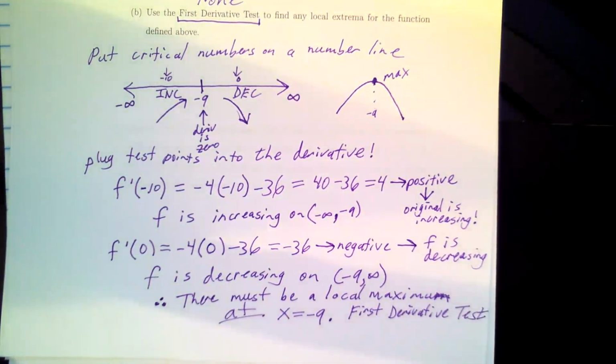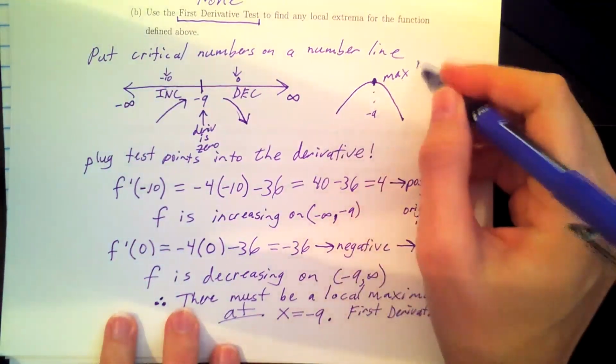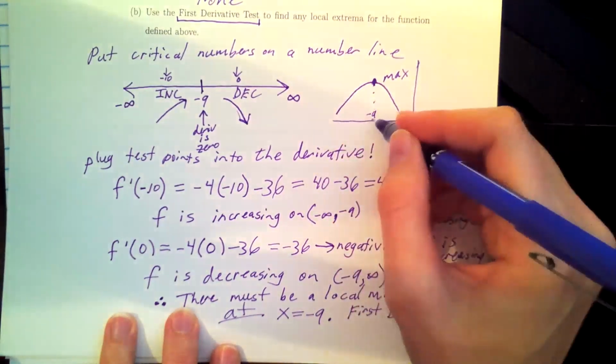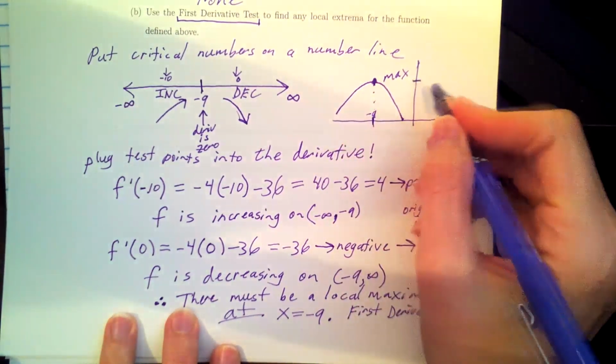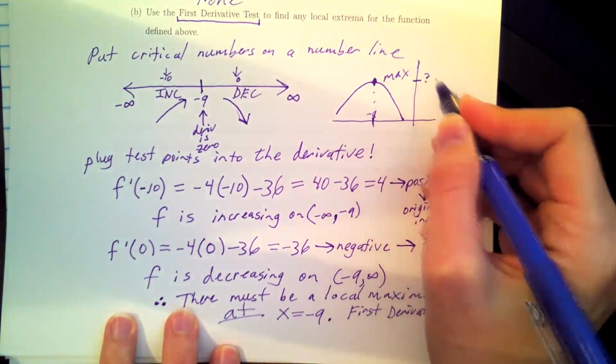All right, we're almost there. We know where the local maximum is occurring. It's occurring at this x value. But that's only one half of the picture. If I have an x value of -9, it would be really great if I knew what the y value was.